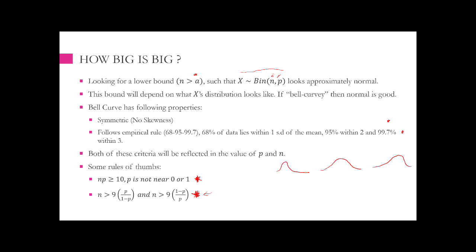And then obviously your n just needs to be larger than a particular level. That brings in the central limit theorem, because your n has to get large. So the first criteria has to do with p being close to 0.5, making my data symmetric, and n being large enough so that I can actually use the central limit theorem.